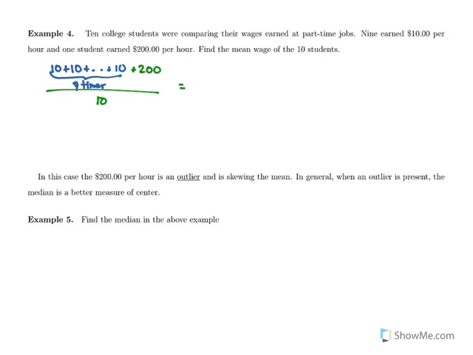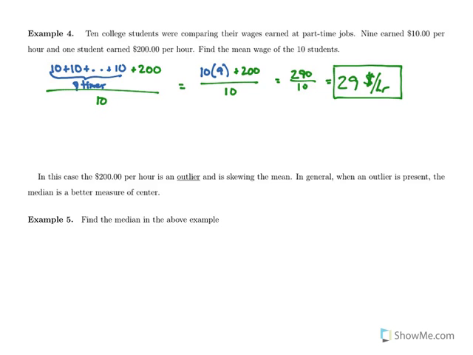Or we could just say this is going to be 9 copies of 10 plus the 200 divided by 10, which is 290 divided by 10, or $29 per hour. There is our average.